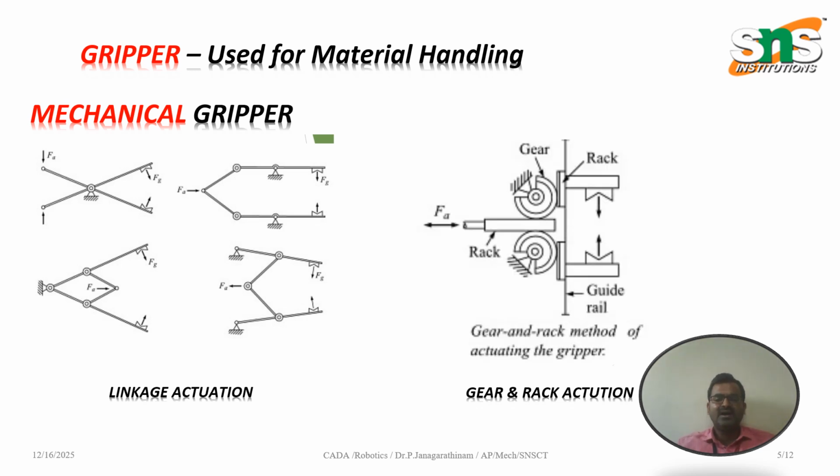Here, instead of the linkage actuation system, we are using a gear and rack type of actuation system. Instead of linkages, here we are using gears. Both the gears are rotated by the rack and pinion mechanism to move the workpiece from one place to another place. This is another type of gripper used for material handling equipment.